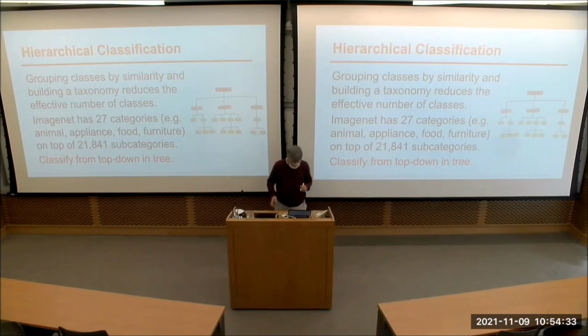So one way to make it less likely that you make really stupid classifications when you have a multi-class problem with a large number of classes is to simplify the problem by reducing the number of classes.